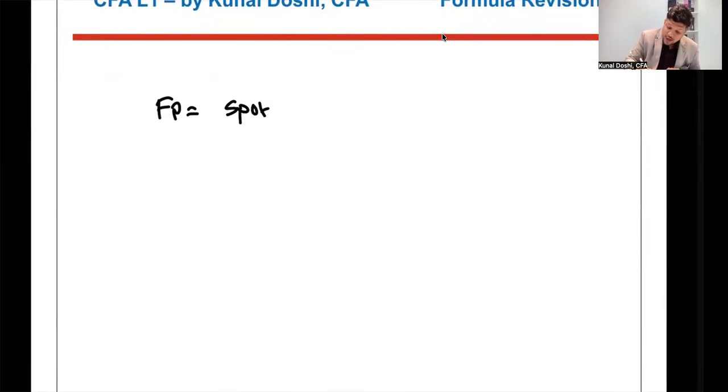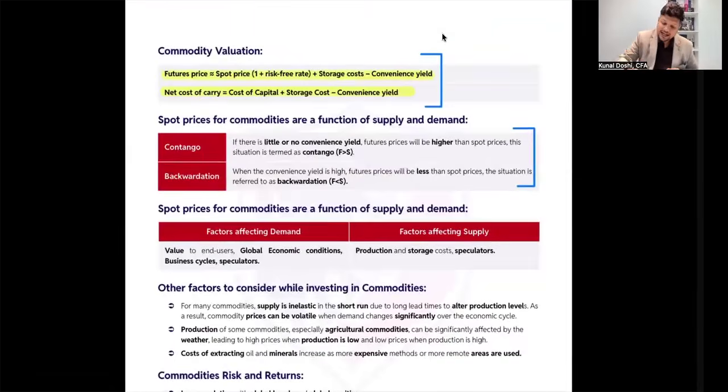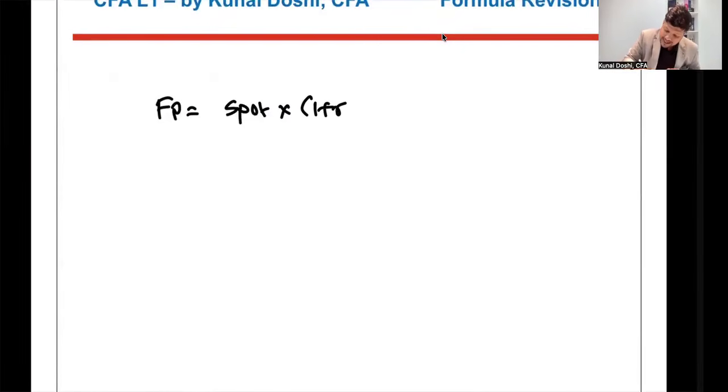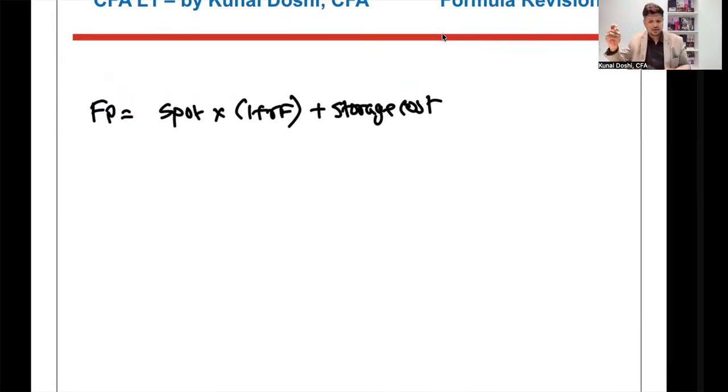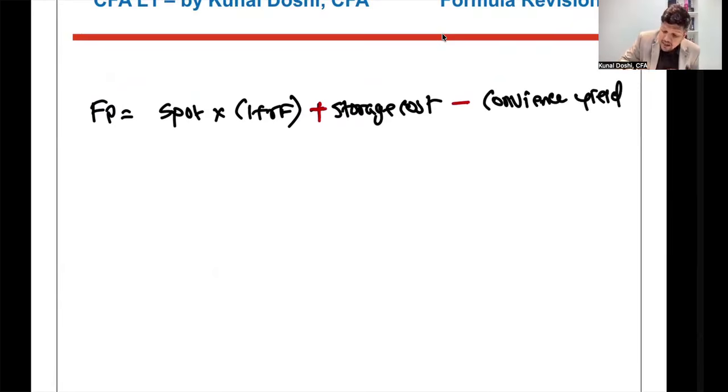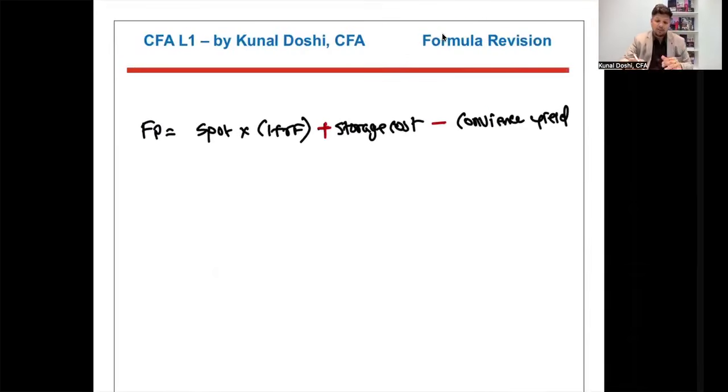Spot price times (1 plus Rf) to the power T, where the risk free rate is the cost of capital, plus the storage cost, everything in present value terms and then taken to the future, or everything taken in the future. So storage cost, and then I will subtract the benefit here in commodities, that benefit is called convenience yield, the benefit of physically holding the commodity.